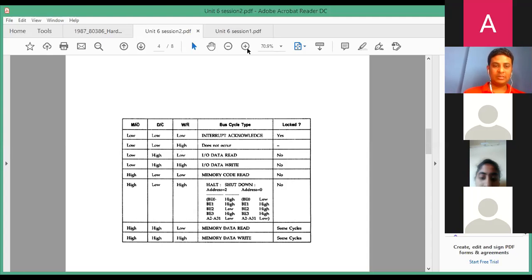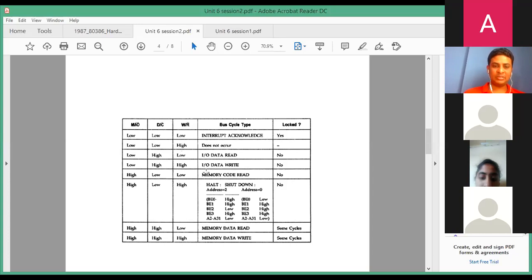Fine. The next possibility is when memory IO is low, and data or control is high. Data is read when read or write is low, so it is read from one of the IO devices. The next possibility is low, high, and high for memory IO, data or control, and read or write, respectively.